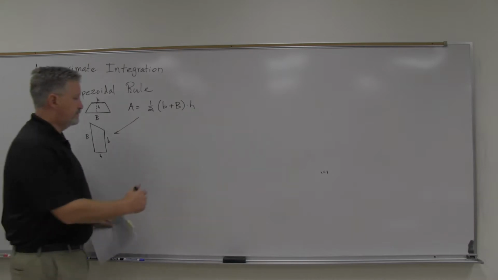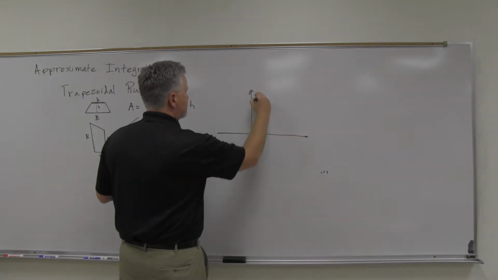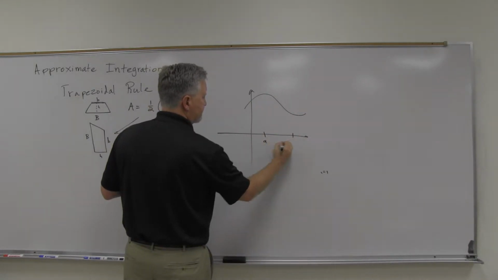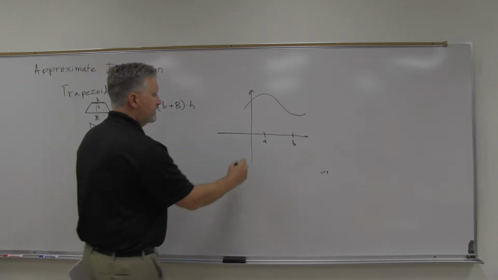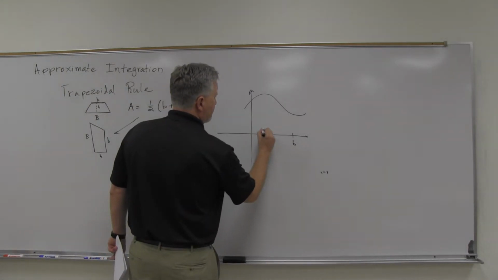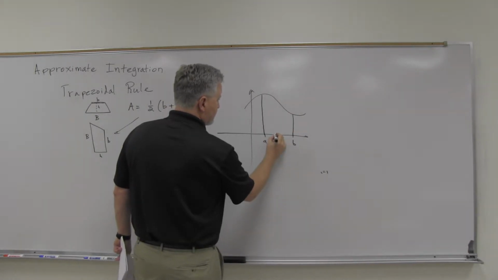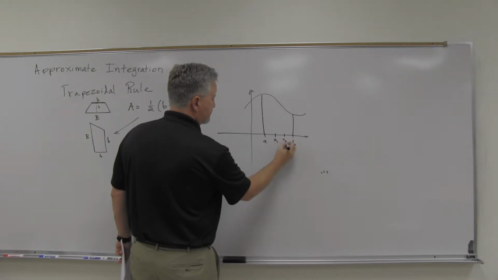All right, well, what does it look like? It looks something like this. So here's our y equals f of x, and then a to b, same integral we're approximating here. All right, but look at this. So if I go up here at a, and then at b, and then 3 subintervals, again, that's x1, that's x2.